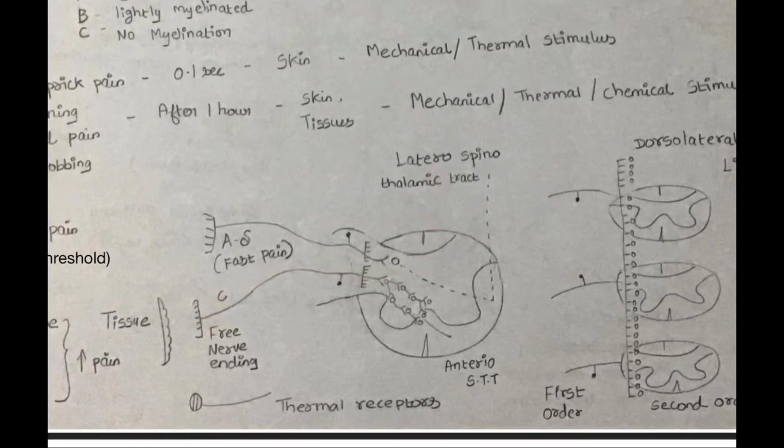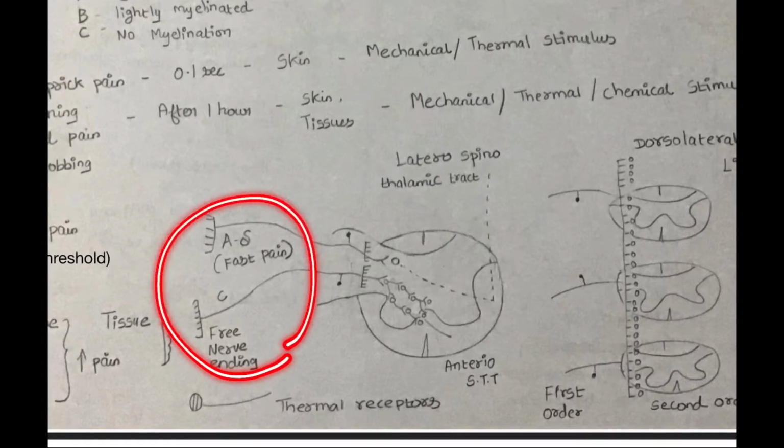That's why when you have an injury, you will either have a fast pain within a second, or you will have a slow pain after 1 hour or after 30 minutes. And if there is a pain, some will have a feverish like condition also. This is because these thermal fibers are along with the pain fibers.